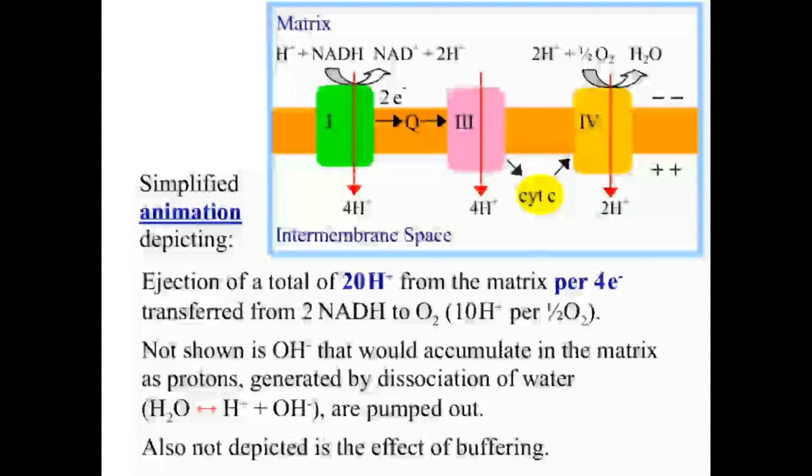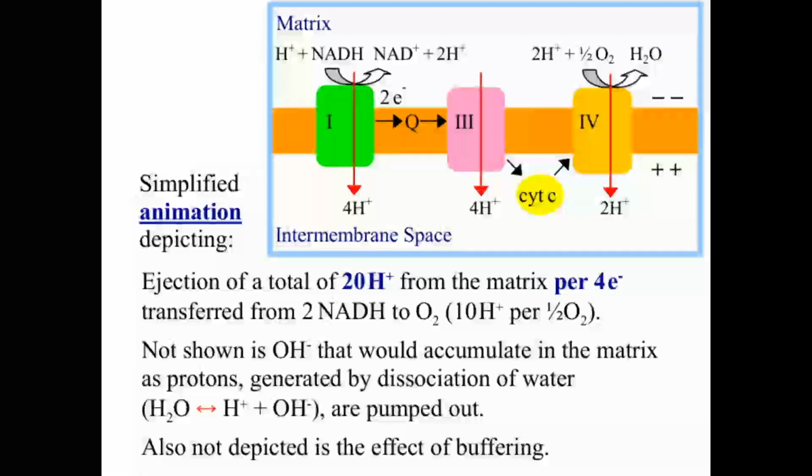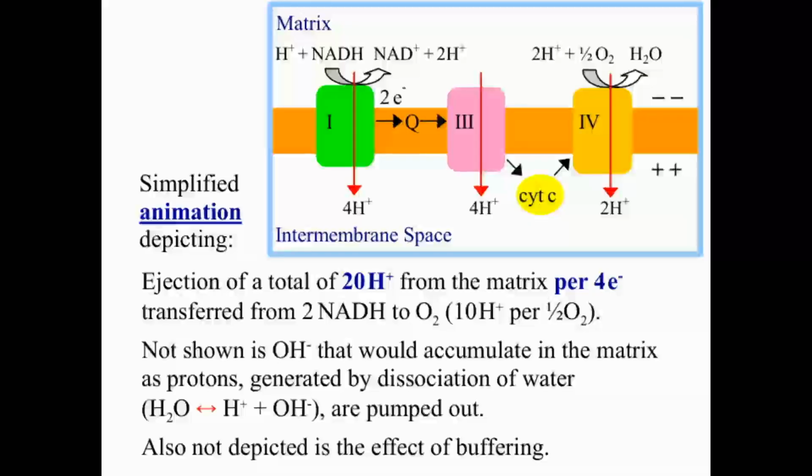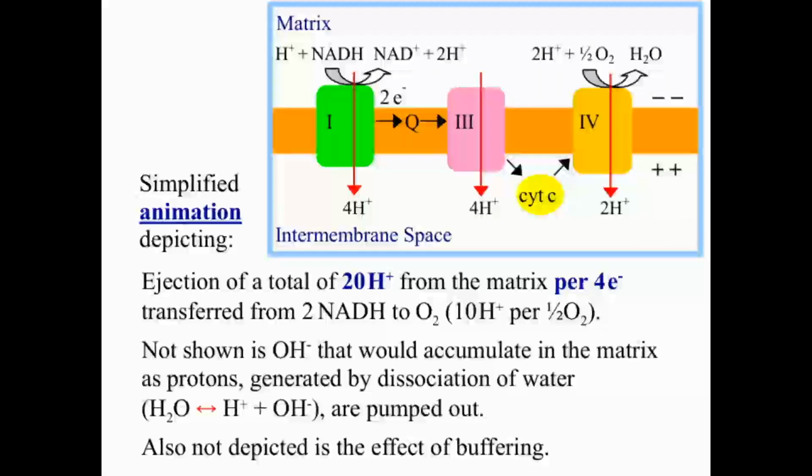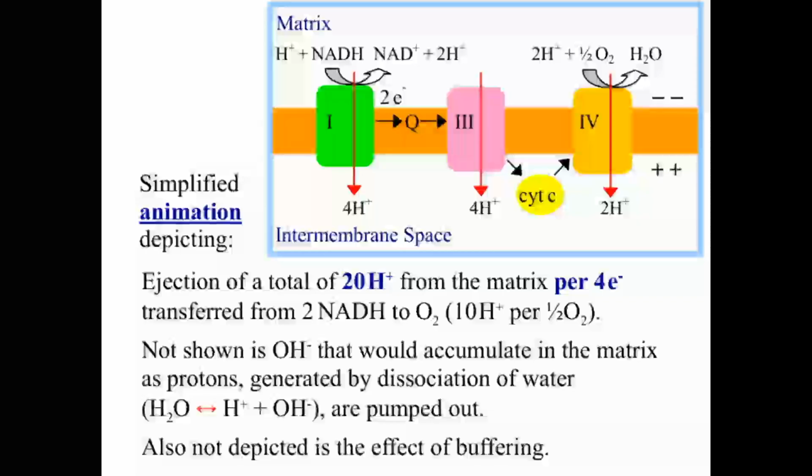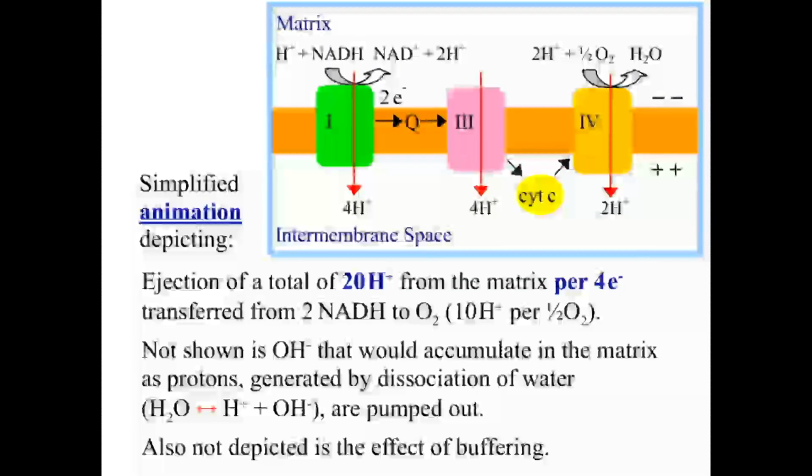The animation doesn't show it, but in reality, hydroxide ions, OH-, also accumulate in the matrix. They come from water dissociation, where water splits into H+ and OH-. These hydroxide ions are then pumped out as well, helping maintain balance. And another point that's not depicted here is the buffering effect.